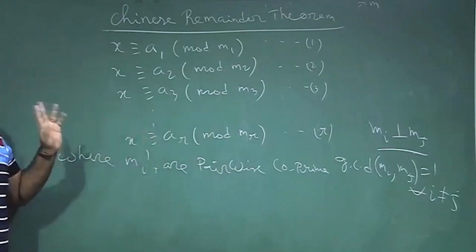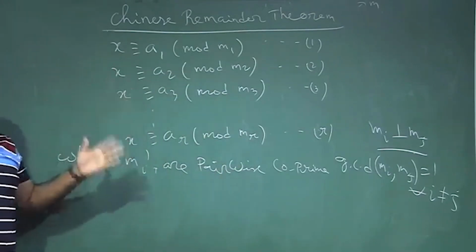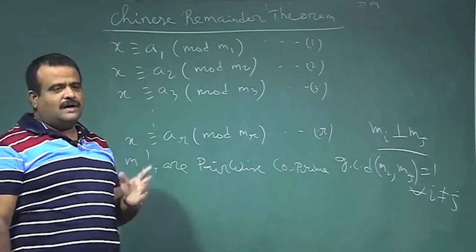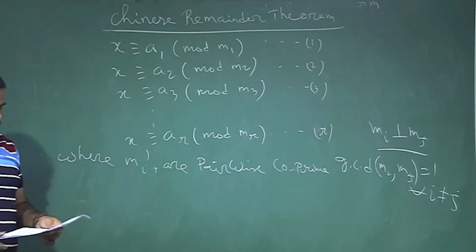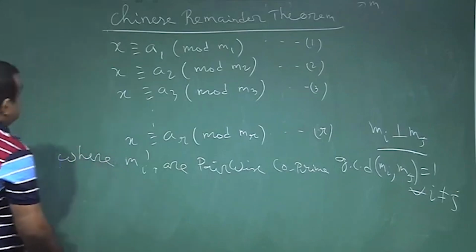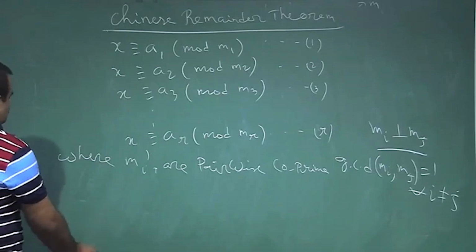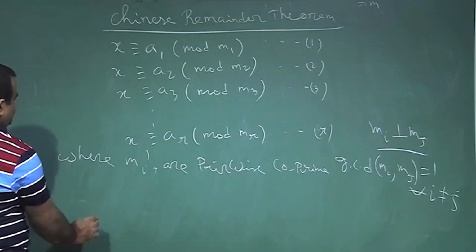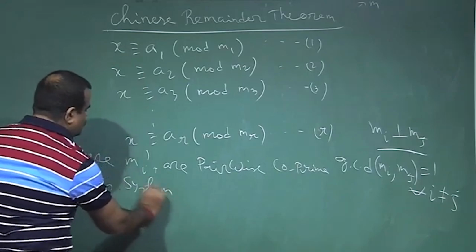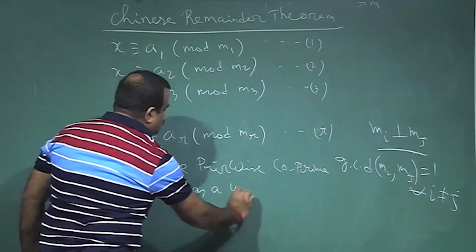So we have seen it for 2. Now it is a general case, and after that we will take a particular case for 3 and try to solve that. Okay. So suppose we have this system, then the Chinese remainder theorem is telling us this system has a unique solution.